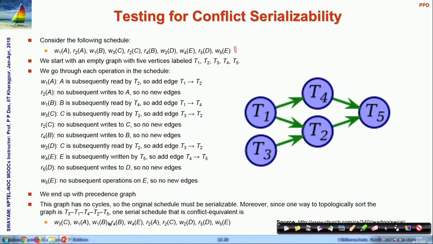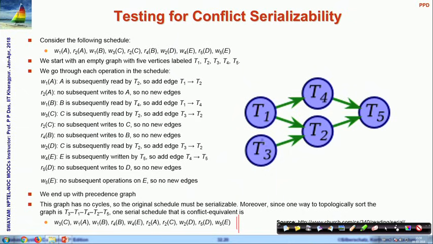So, if you do this schedule, you will get a result which is the result of this serial schedule, which is T3, T1, T4, T2, T5. This schedule is also conflict serializable to several other schedules, because you can do this topological sorting in various different manners.